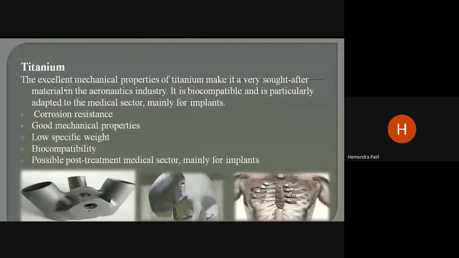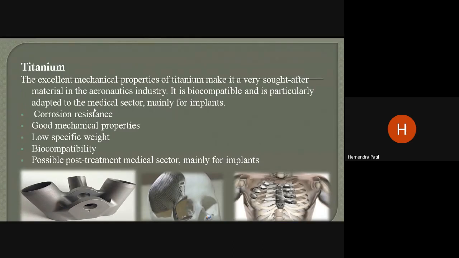And the next material here is titanium. Titanium has excellent mechanical properties, which makes it very sought after in the aeronautics industry. It is biocompatible and is particularly adapted to the medical sector.